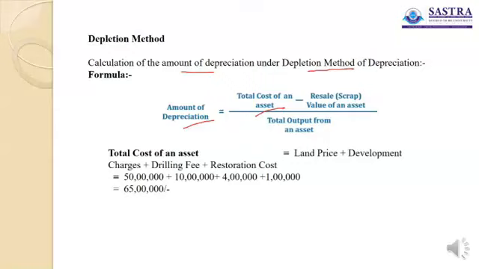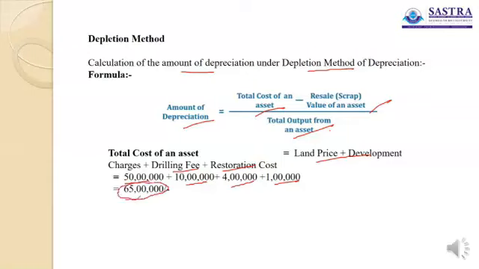What is the total cost of an asset? It is land price plus development charges, drilling fees, restoration costs, etc. Here, the land price is 50 lakhs, 10 lakhs is the development charges, 4 lakhs the drilling fee paid, and restoration cost 1 lakh. The total cost of the asset is 65 lakhs. So that 65 lakhs is the base value for the provision of depreciation.